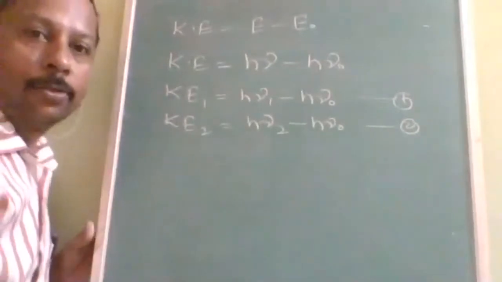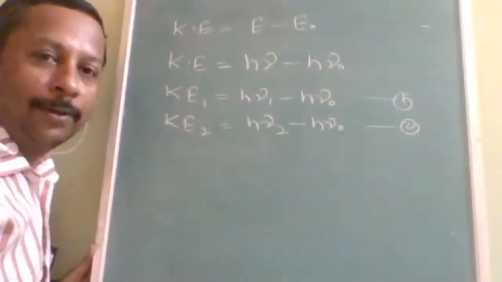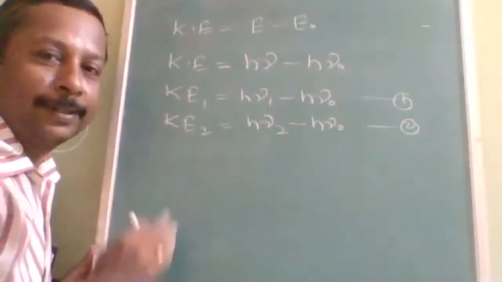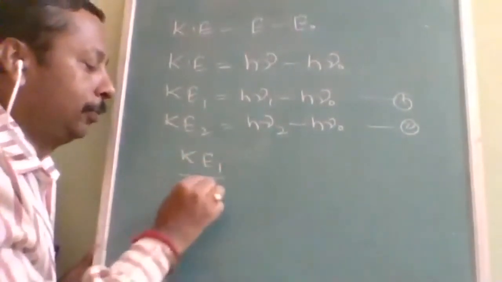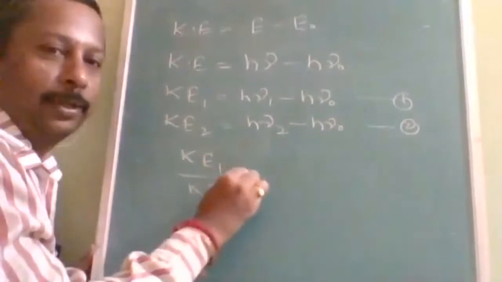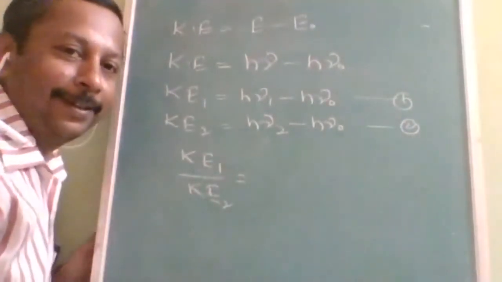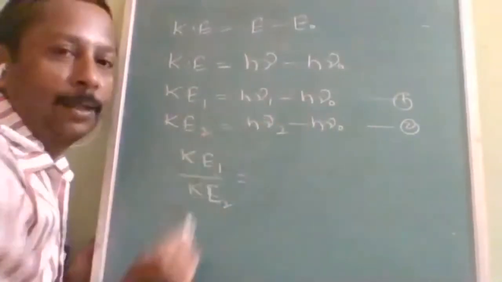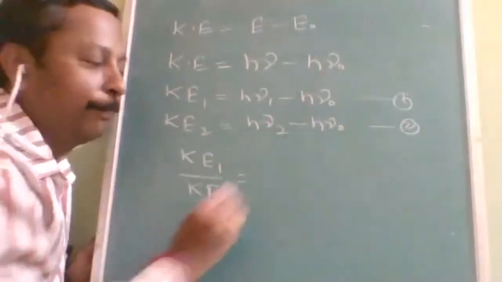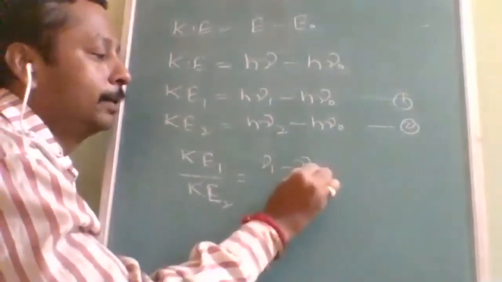Is it understood, students? So what you have to do now? Just divide it. Okay. So KE1 by KE2, you can take common h and cancel it out. Not required, cancel.